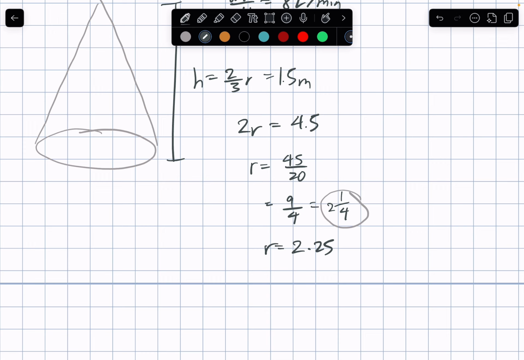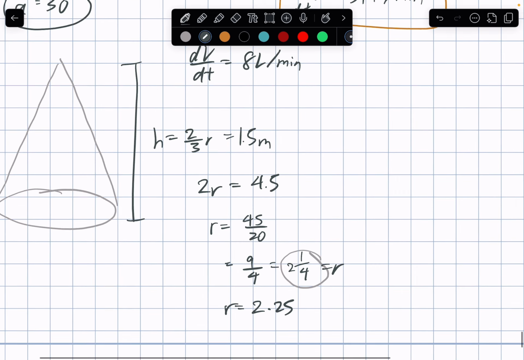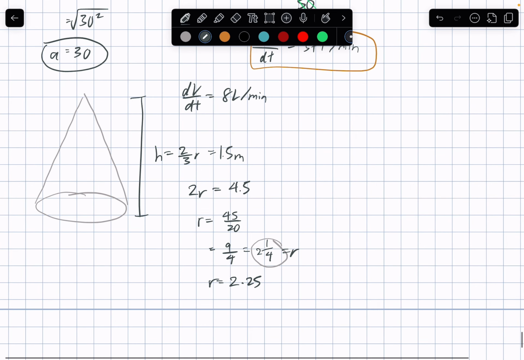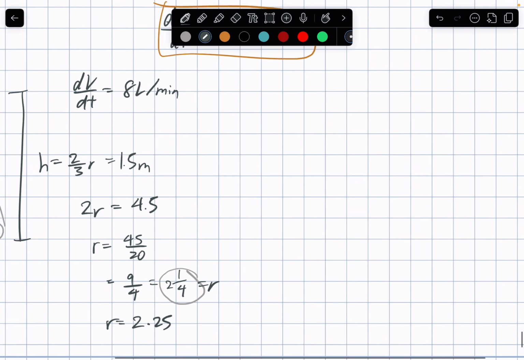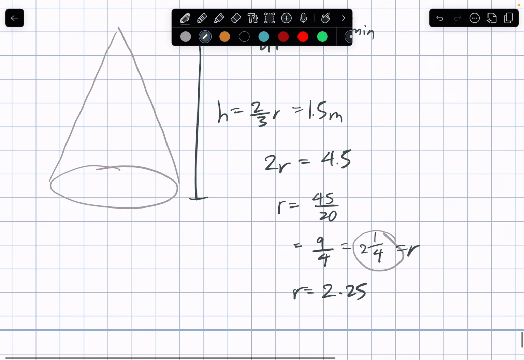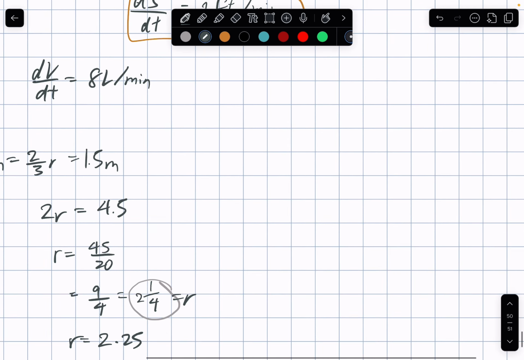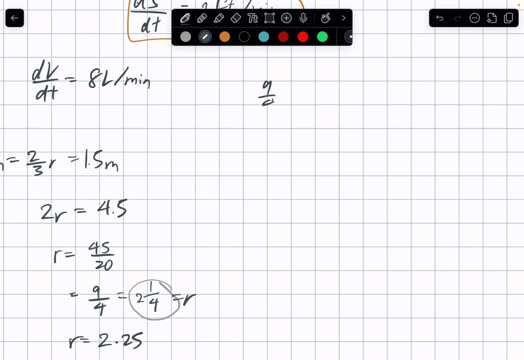Rather, let's just stick with this as our radius. So now that we have the radius and height, by the way, this is a cone, so volume is 1 over 3 pi r squared h. And the radius is 9 over 4.